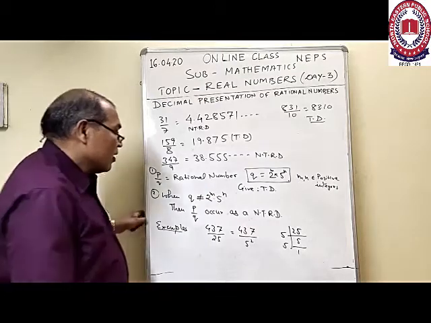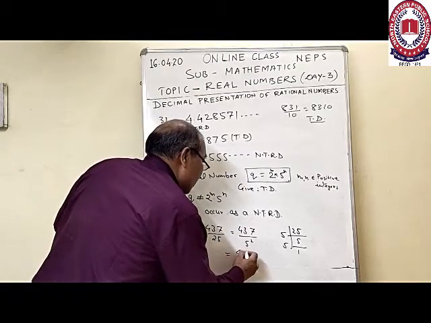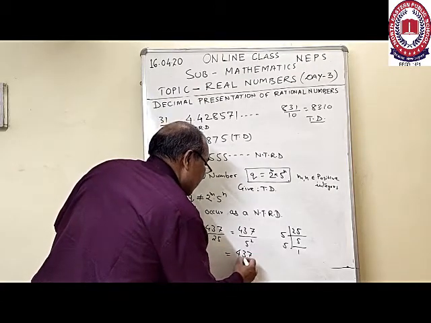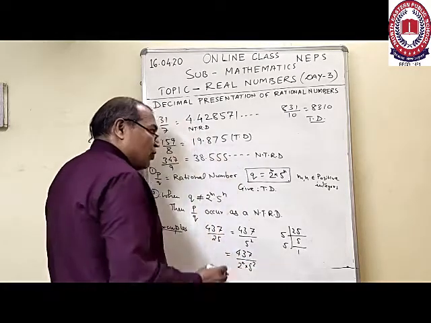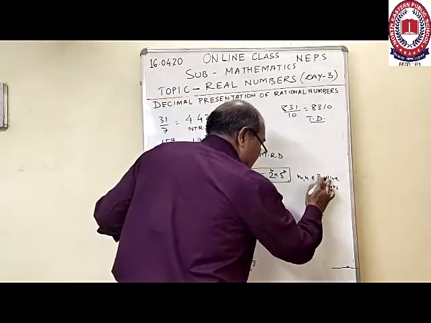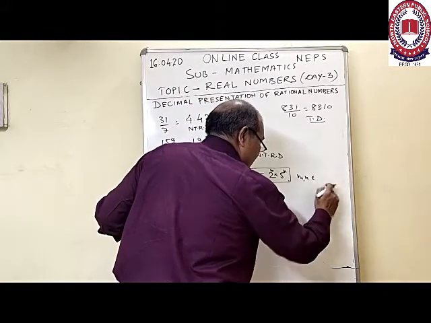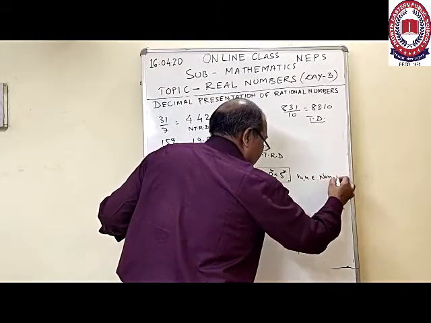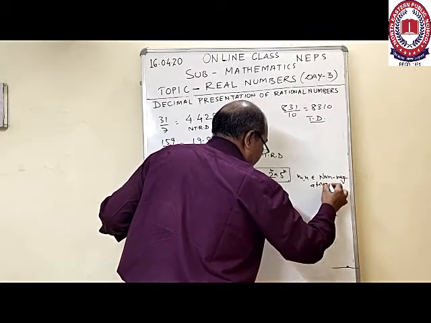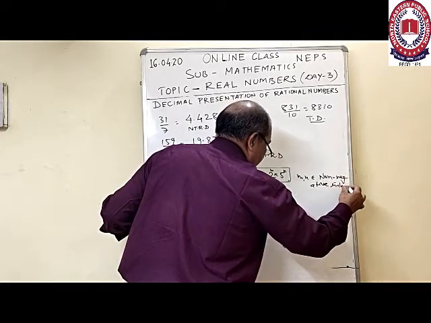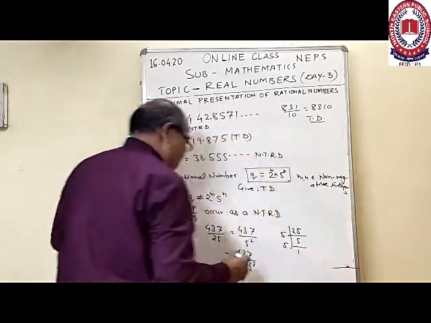Yes, of course, because this can be written as 437 upon 2 to the power 0 into 5 to the power 2. So here, instead of positive integers, we can say non-negative integers.